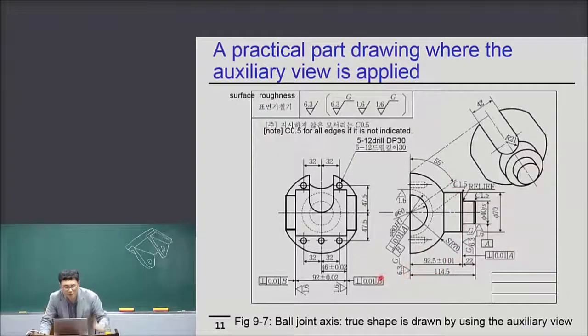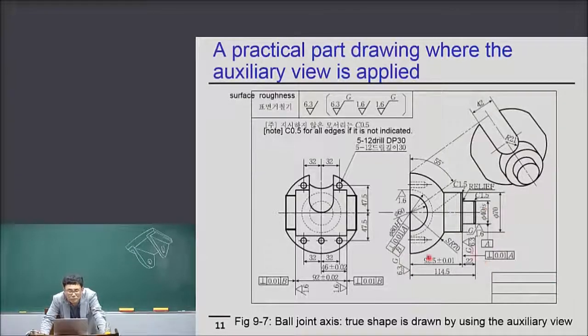And now you see the geometric tolerance here. And what about dimensional tolerance? Pi 40 JS. Try to find the meaning of JS in the dimensional tolerance table. JS is usually a plus-minus pattern.